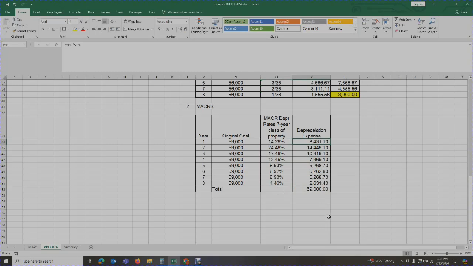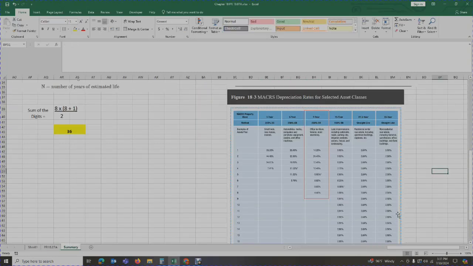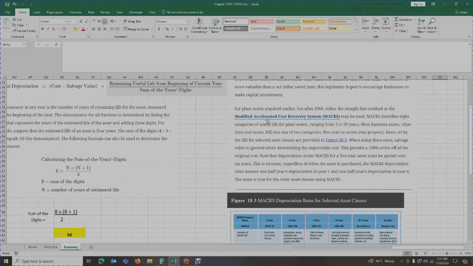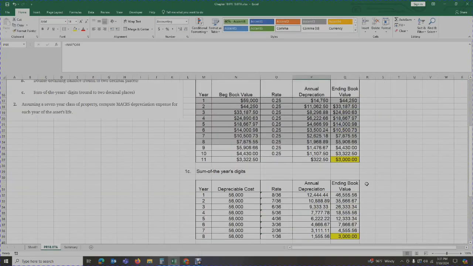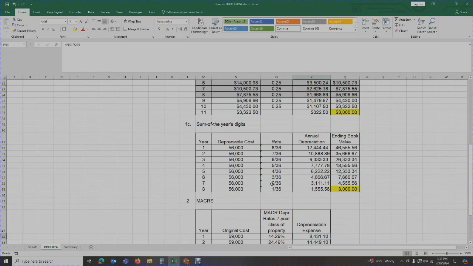If we recall, for plant assets acquired after 1986, organizations have the option of either using the straight line method or the MACRS method. So if your company is, for example, using the double declining or the sum of the year's digits, these are not allowed.